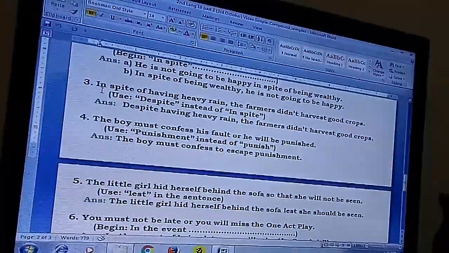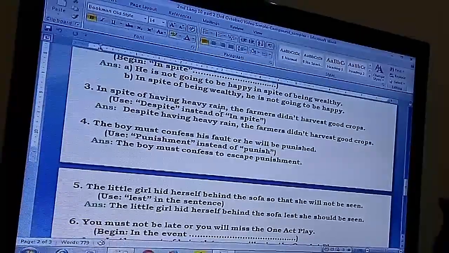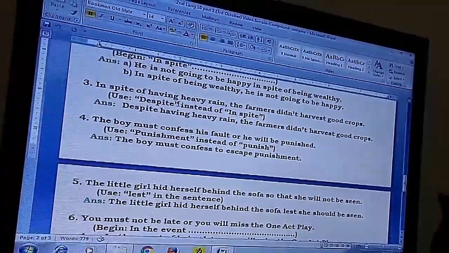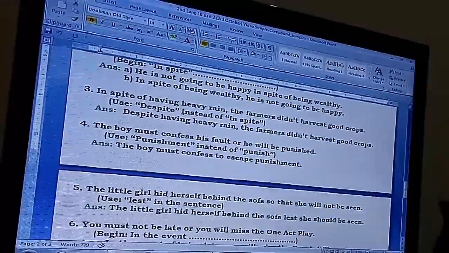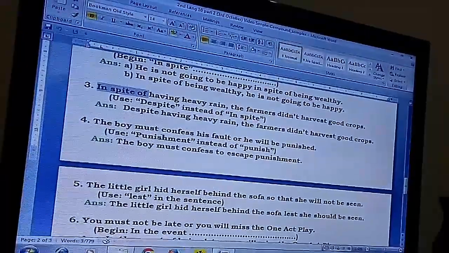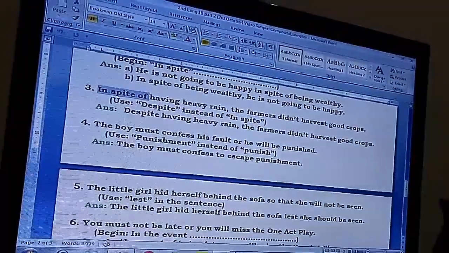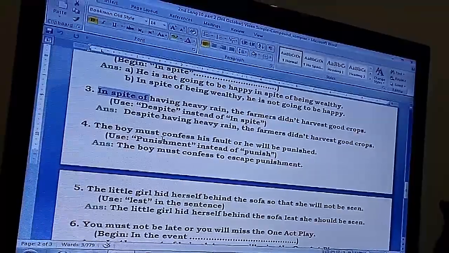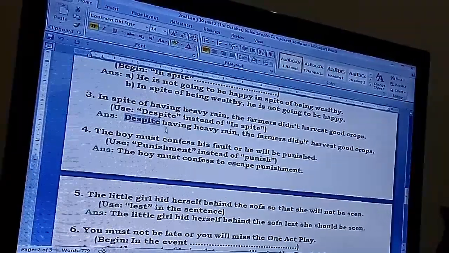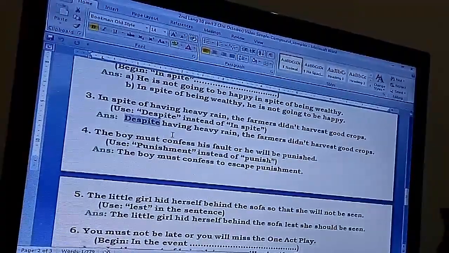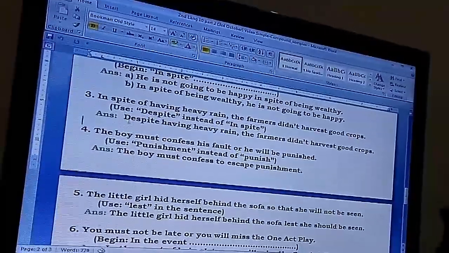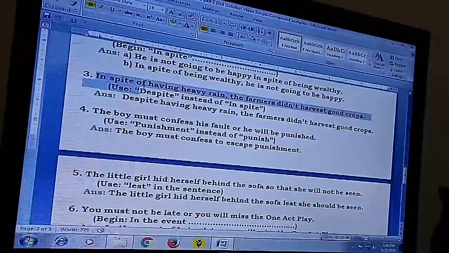Number 3. In spite of having heavy rain, the farmers didn't harvest good crops. Now use despite or begin despite. Now in spite of, and when you use despite, you see we just use despite. There is no of. I repeat, when you are using in spite, you have to use in spite of.